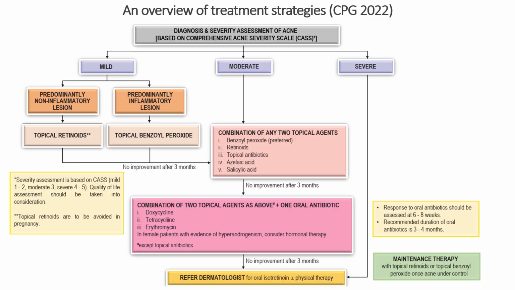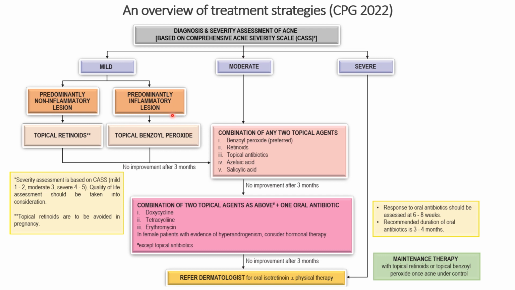Shown here is an overview of the treatment options available for acne. As you can see here, there is kind of a progression of the treatment options according to acne severity. For mild cases, a topical retinoid or benzoyl peroxide alone is sufficient.